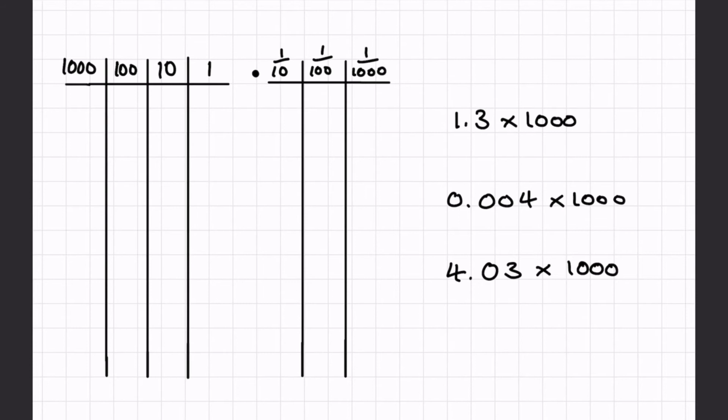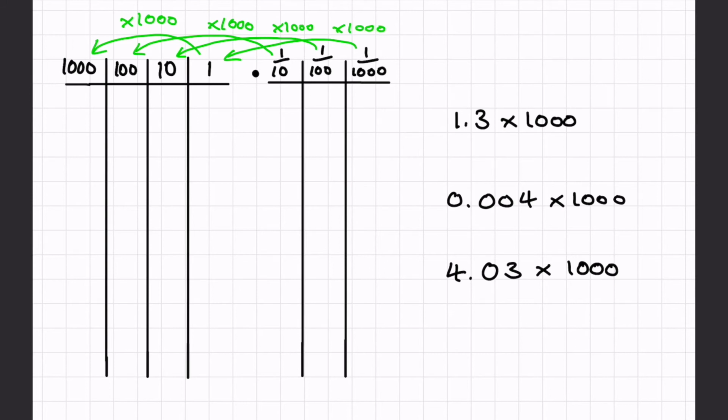And we can see this, can't we? If we look at the columns, 1 multiplied by 1000 is equal to 1000. 1/10 multiplied by 1000 is equal to 100. 1/100th multiplied by 1,000 is equal to 10, and 1,000th multiplied by 1,000 is of course equal to 1, because 1,000 thousandths is equal to 1.